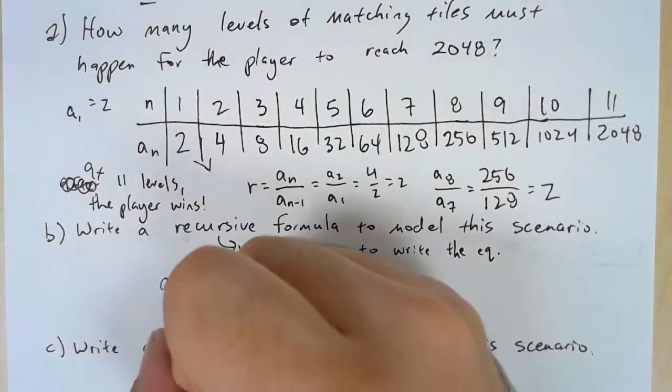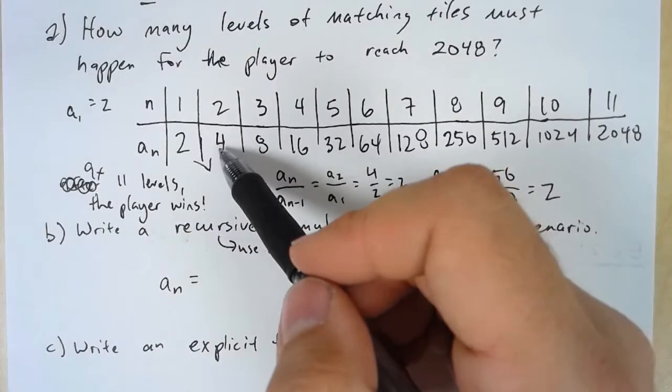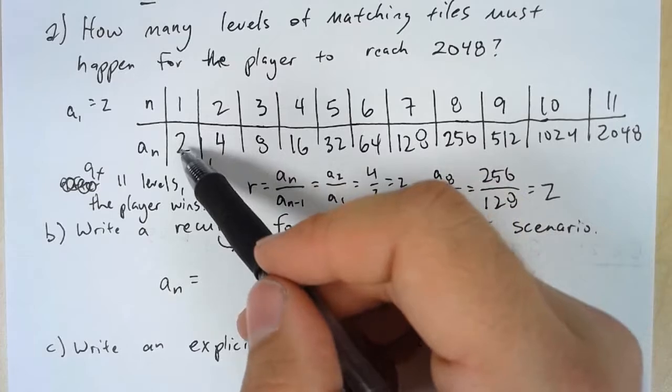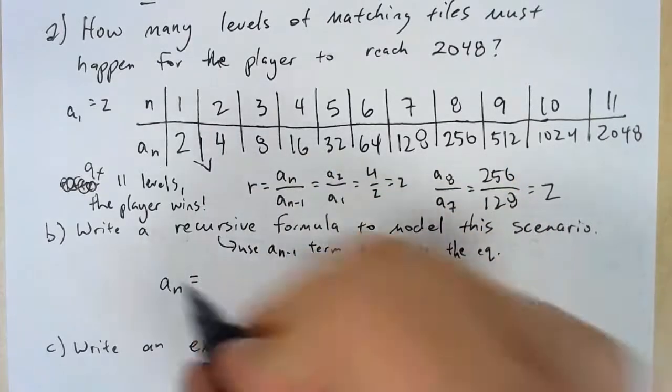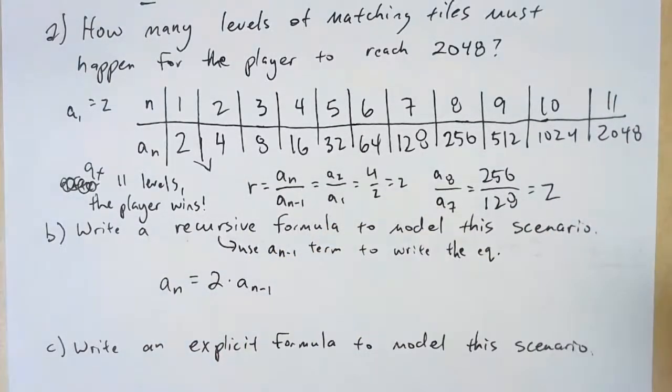Okay, so we know that the nth term comes from the previous term and we multiply it by 2 to double it. So we take 2 times that previous term, which gives us this value. We could test this if we wanted to.